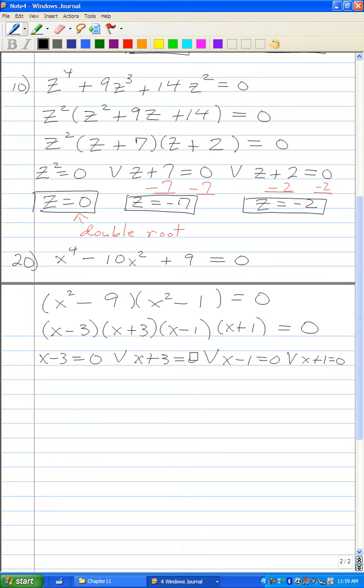I can add 3 to both sides of my equation, subtract 3, add 1, subtract 1 from both sides of my equation.